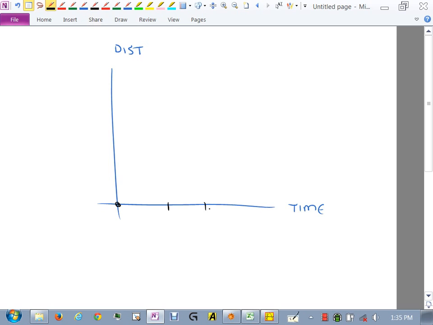Let's say 1, 2, let's say this is 3 hours. Let's say this is 60 miles. If I tell you started out at 0, drove somewhere, and at the end of 3 hours you were 60 miles away, what was your average speed? 20 miles per hour, right? You've gone 60 miles in 3 hours.